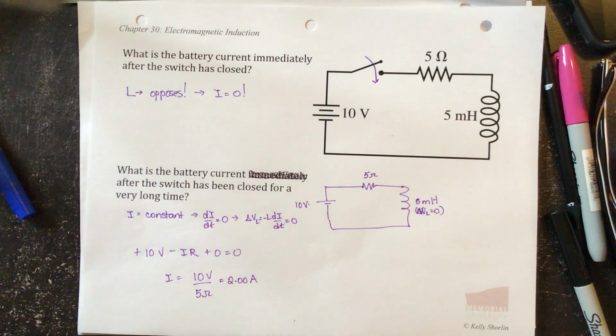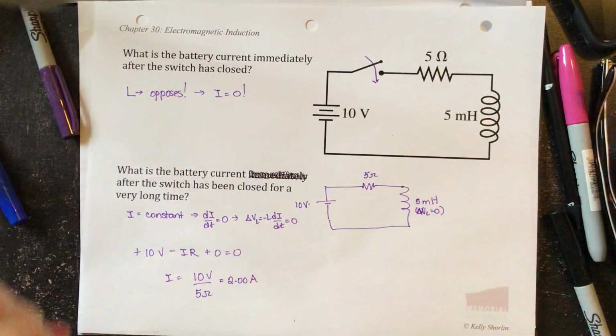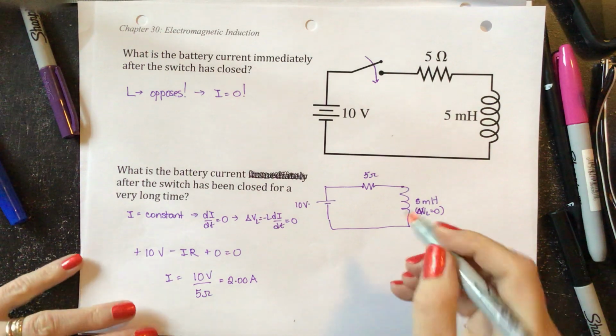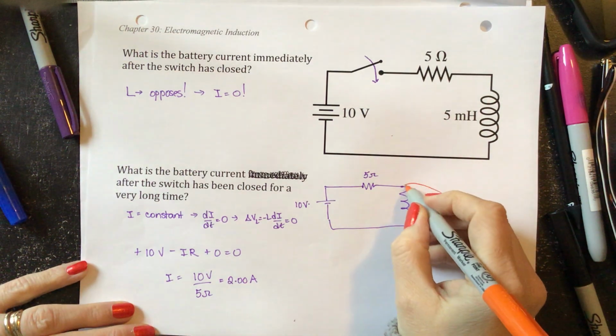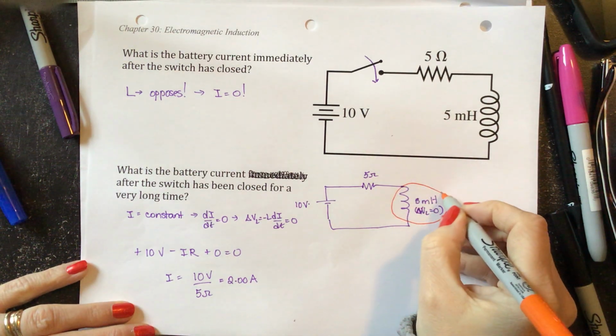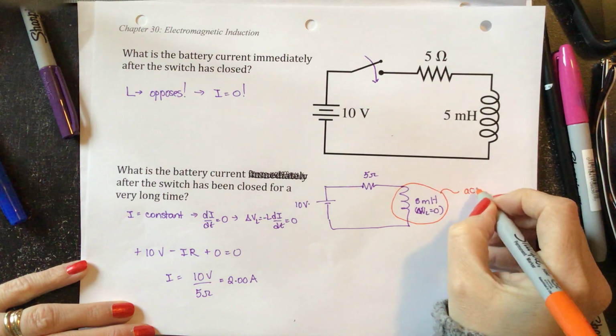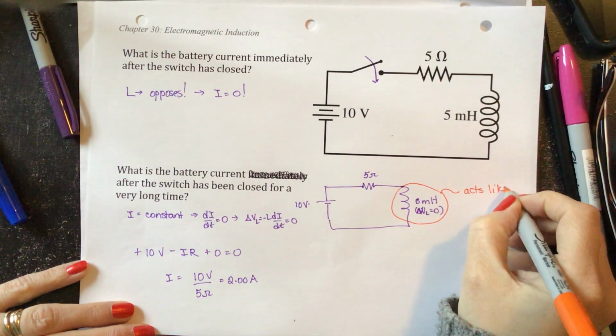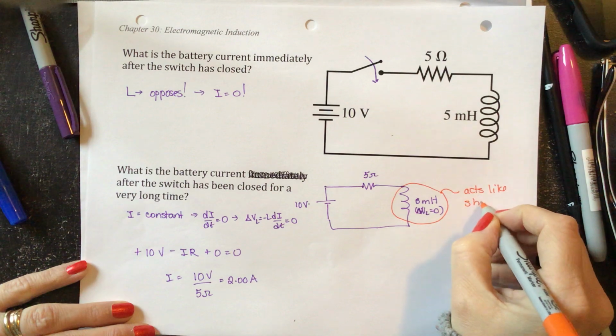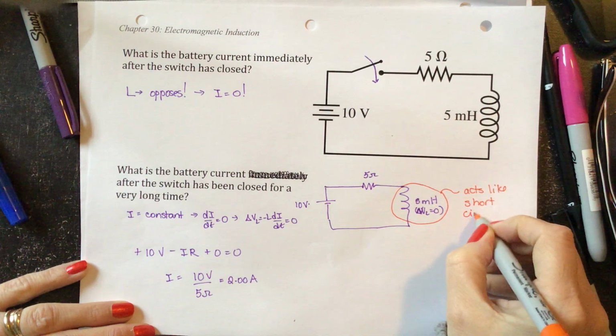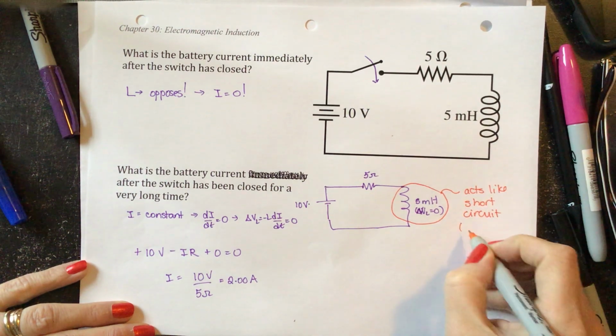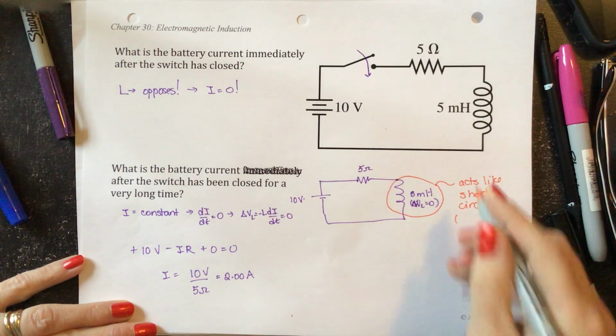Another way you can think about it is that conceptually, once the current becomes constant and the potential difference across the inductor goes to 0, this acts like a short circuit. And by a short circuit, it means it just acts like a straight piece of wire with no resistance.